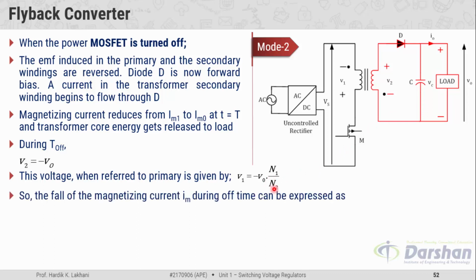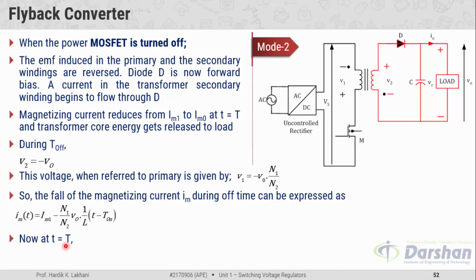So the fall of magnetizing current Im during off time can be expressed mathematically as Im of t is equal to Im1 minus V1 divided by L inside the bracket t minus t on.